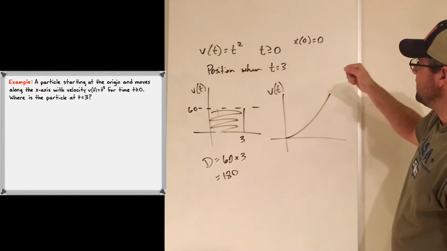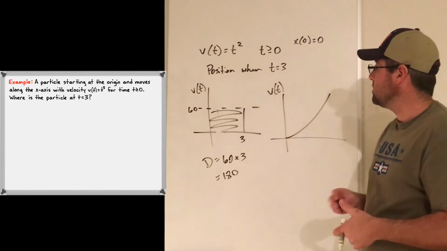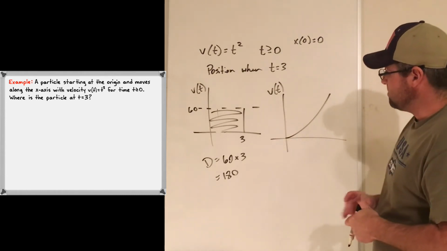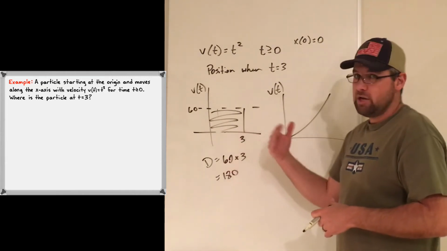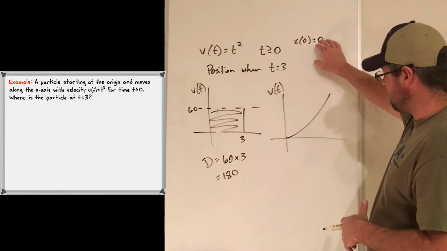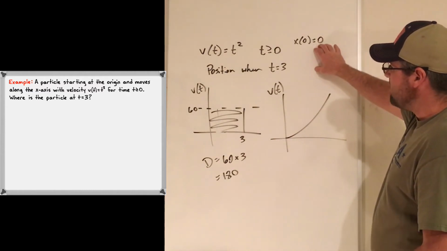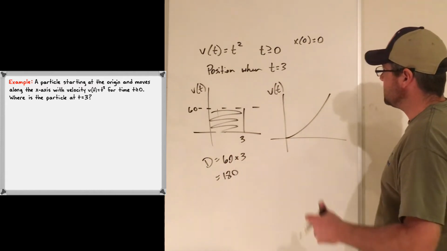We'll talk more about that later. There's a difference between displacement and position. But our displacement, you would say, is 180. We would add that to our initial position to find out where we actually are. And because our initial position is 0, then our position will just be 0 plus whatever our distance traveled was.